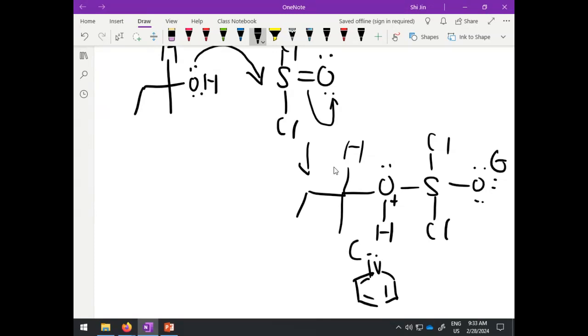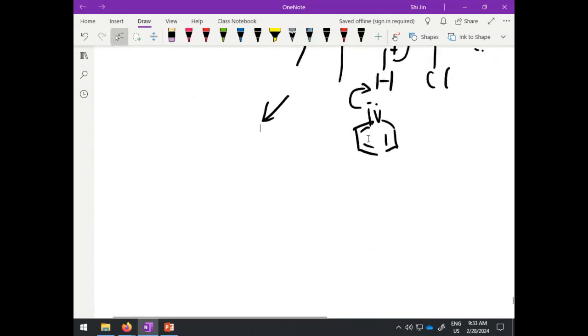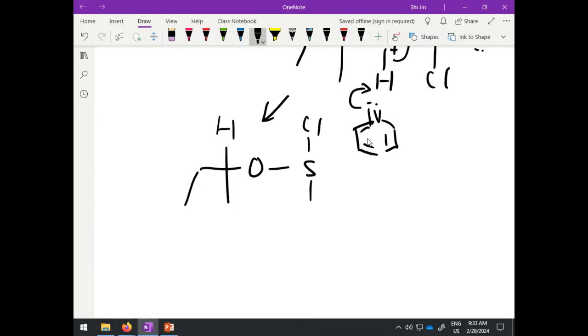This pyridine has a lone pair and takes the proton away, giving this protonated pyridine.